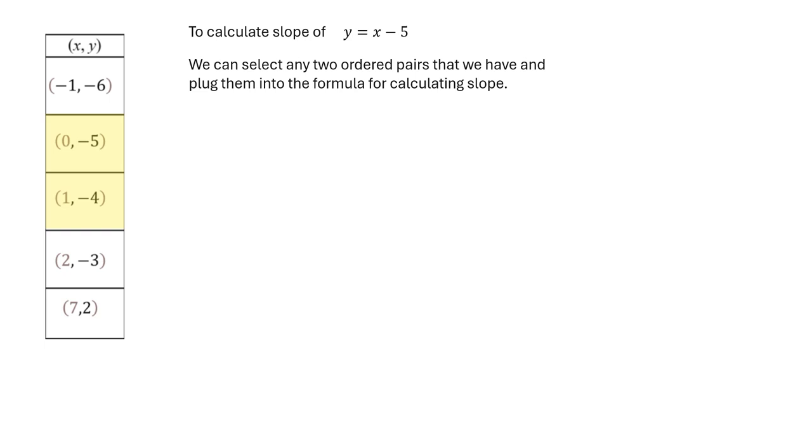Plug them into our formula. m equals negative 4 minus negative 5 over 1 minus 0, giving us a reduced form of 1 over 1, which can be further reduced to just 1.